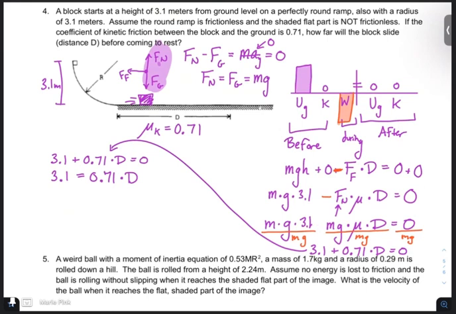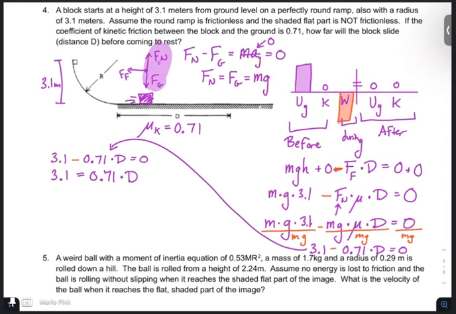It is going to remove energy from the system. So when I get to this point here, I can add the 0.71 d to both sides. And I get 4.366 meters is the distance that it'll travel before it stops. If you have any questions, let me know.